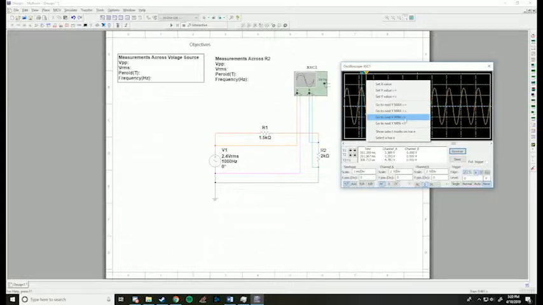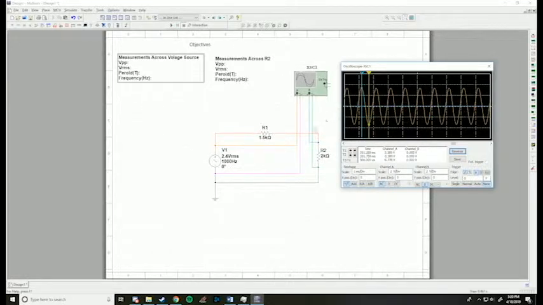Go to next Y min. And that gives us a VPP of 6.778 volts.